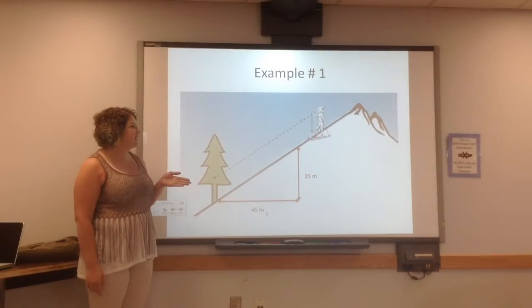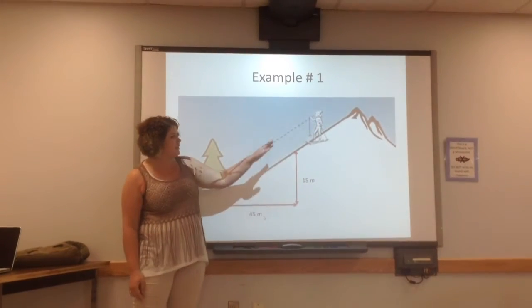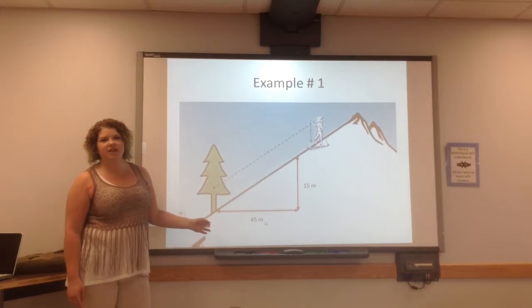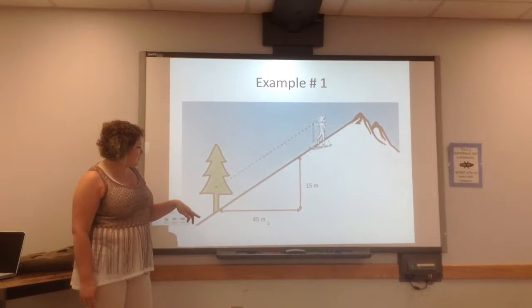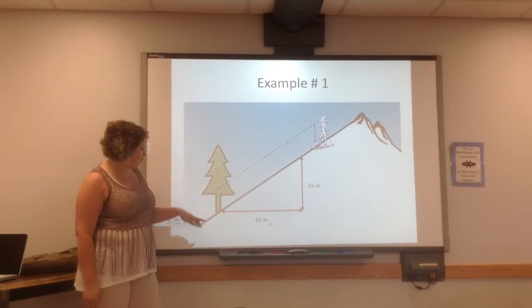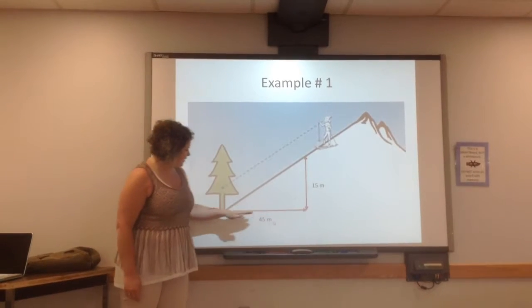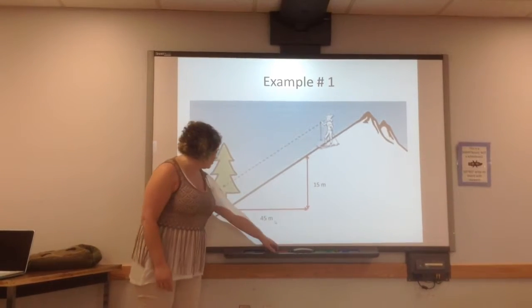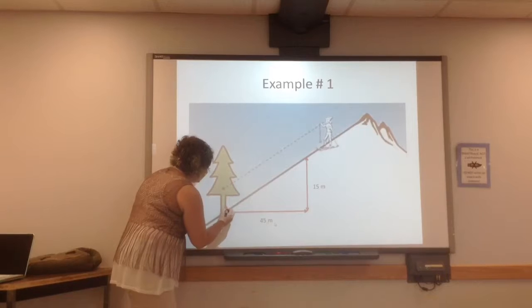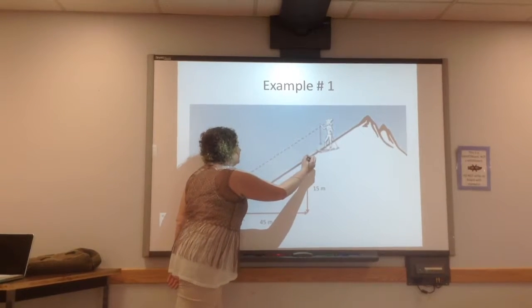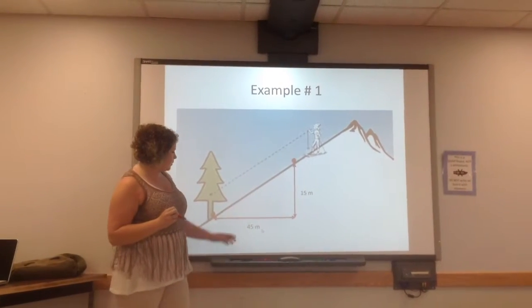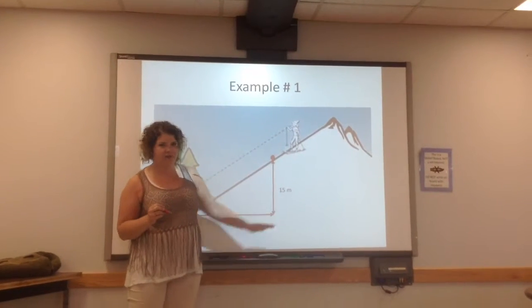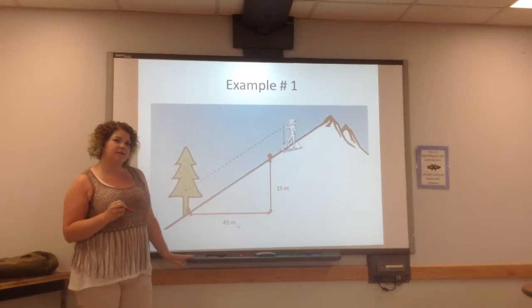So let's try our first example. We have a ski hill here, and we want to find the slope of the hill. So we have this part here labeled as 45. So we chose this point here, and we chose this point here. And so which part, the 45 or the 15, is our rise?